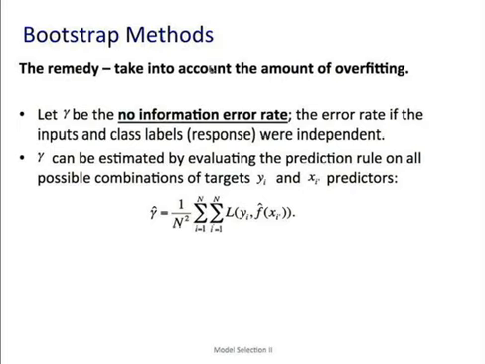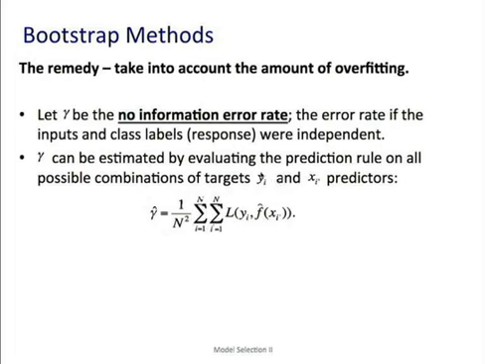The remedy was to take into account the amount of overfitting. So we let this gamma be the no information rate. That's the error rate if the inputs and labels were independent, just like I talked about before. Here I write gamma can be estimated by evaluating the prediction rule on all possible combinations of yi and xi.